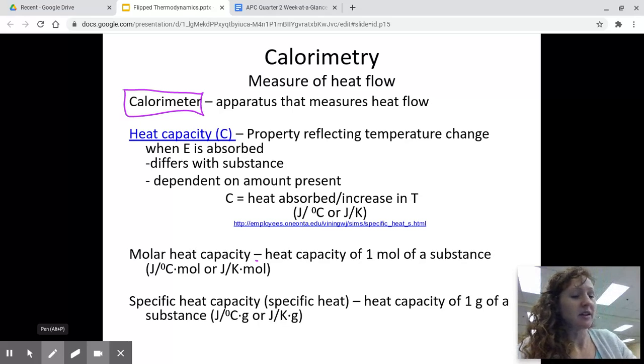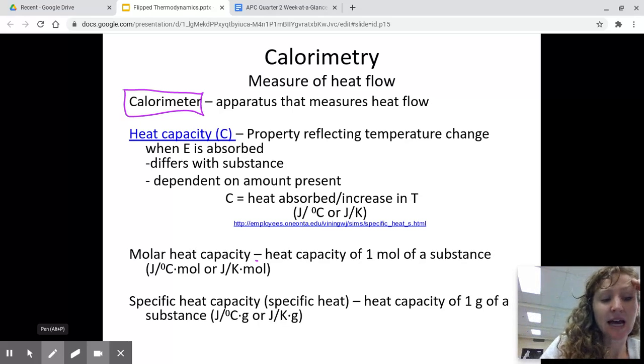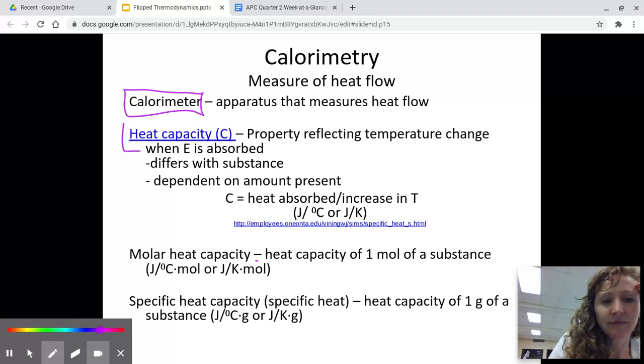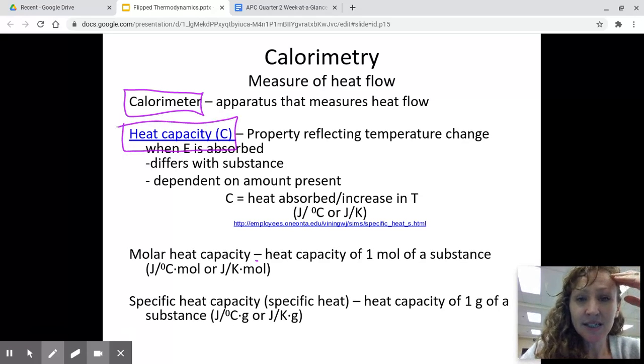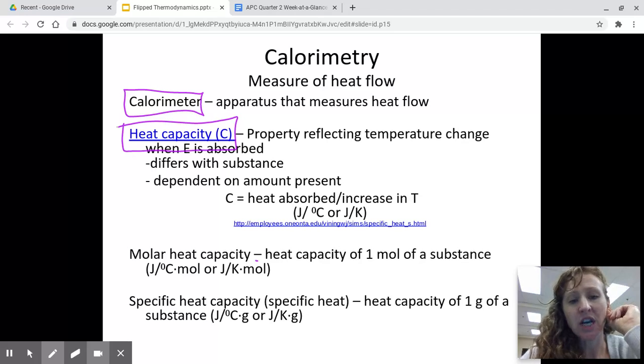Okay, the other thing you have to know is this idea of heat capacity. Okay, so heat capacity is represented by a capital C, and it reflects the temperature change when energy is absorbed.